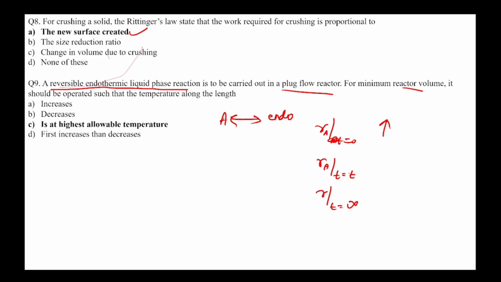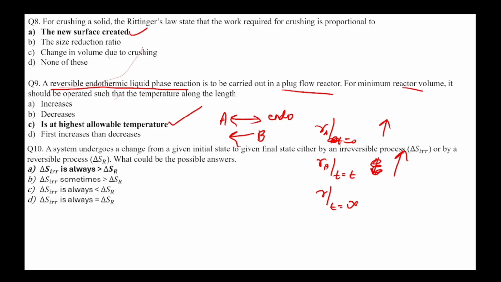Now at some time t, when A dissociates into B, since it is a reversible reaction, if we decrease the T, then B dissociates back into A. So we have to increase the temperature. Now at t tending to infinite, we are providing the temperature, so the production of B will be maximized. That means to minimize the reactor volume, it is at the highest allowable temperature. But the case is different for the exothermic reaction.